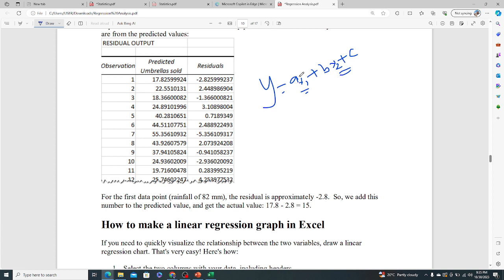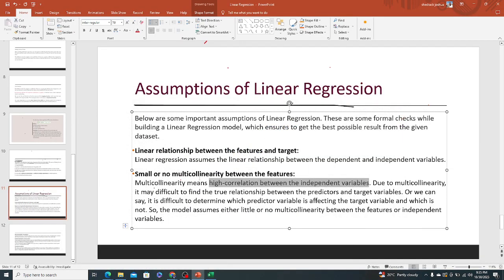There should be no high correlation between x1 and x2 as our independent variables. So multicollinearity measures high correlation between the independent variables.